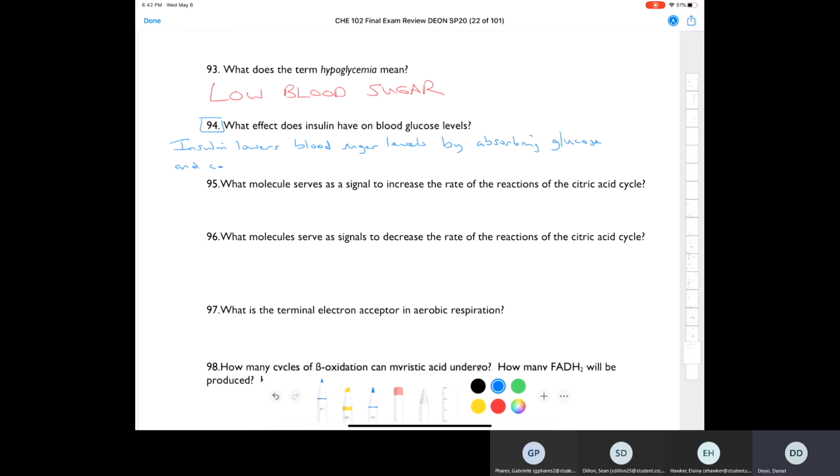Anybody know what it gets converted into? Stored in your liver as? Starts with the letter G. Glycogen. Yeah, it stores it as glycogen.